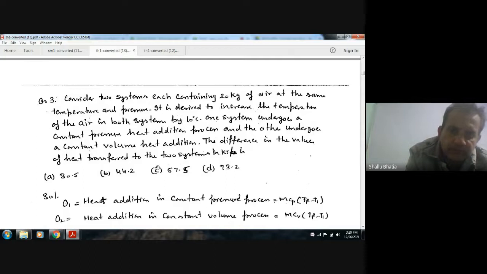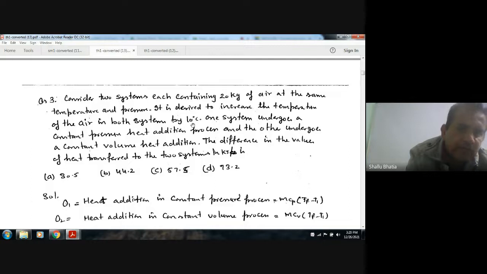The difference in the values of heat transferred to the two systems in kilojoules is asked. Here mass is 20 kg, and it is desired to increase the temperature of the air in both systems by 10 degrees Celsius.